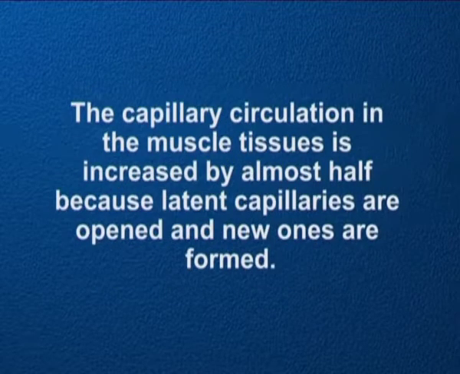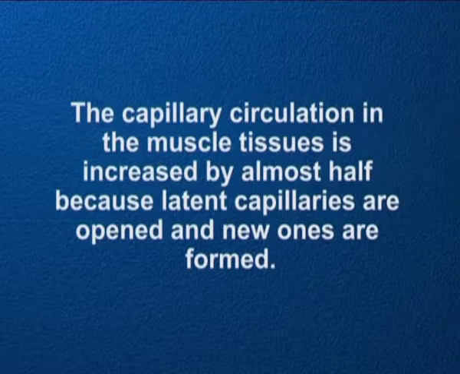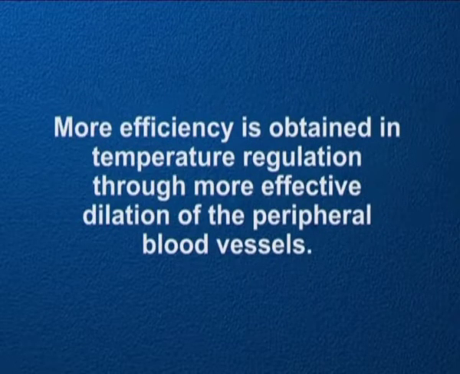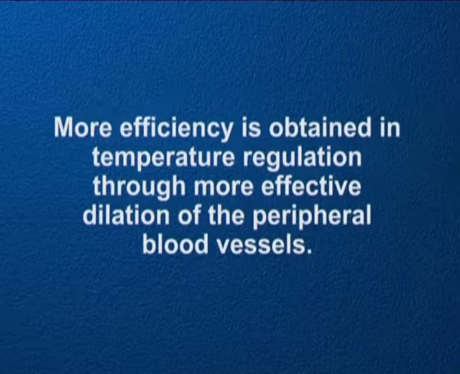The capillary circulation in the muscle tissue is increased by almost half because latent capillaries are opened and new ones are formed. More efficiency is obtained in temperature regulation through more effective dilation of the peripheral blood vessels.